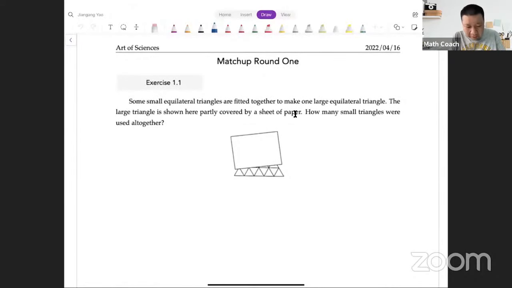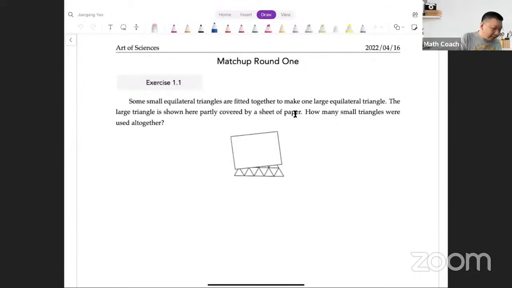Some small equilateral triangles are fitted together to make one large equilateral triangle. The large triangle is 25. The first one I saw is 84. 84, please type your answer, and your answer is correct.